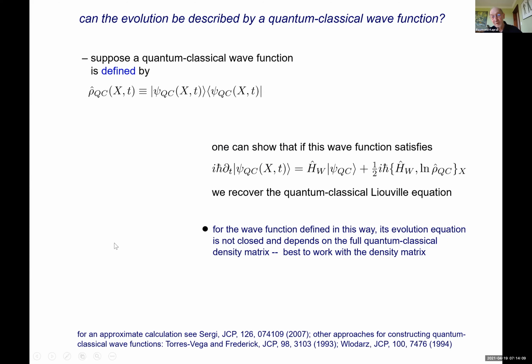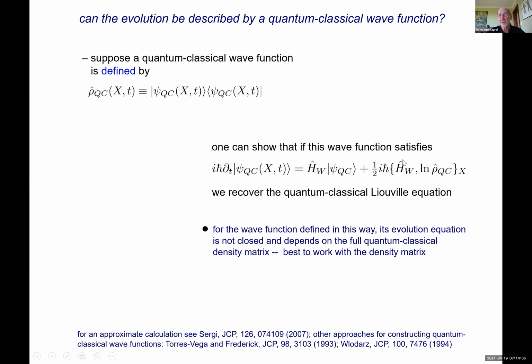Okay, anyway, it's obscuring a reference to various approaches for constructing quantum classical wave functions. But I just want to say, if as a hypothesis you define a quantum classical wave function as in the line above, then you can show that if this wave function satisfies the equation here that I've shown, then you actually recover the quantum classical Liouville equation.